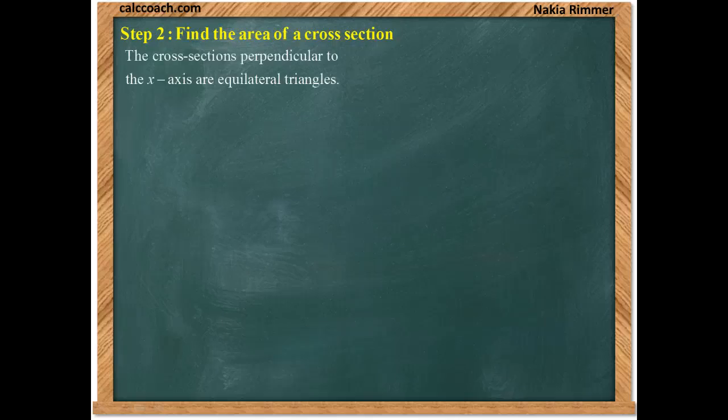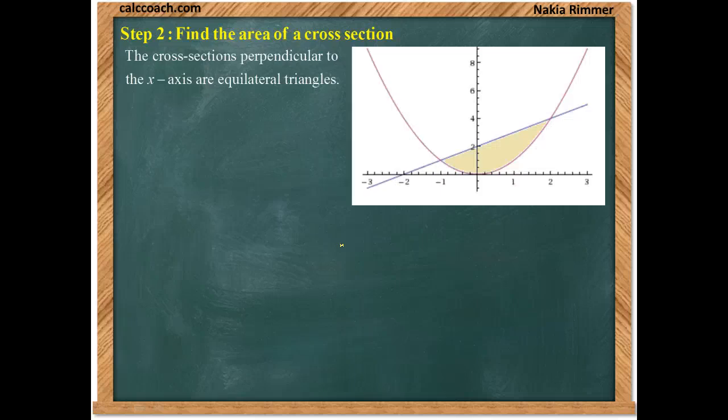So the cross-sections are perpendicular to the x-axis, and they are equilateral triangles. I'm going to have this distance from the line down to the parabola be the side length of an equilateral triangle. Shooting out of the screen will be an equilateral triangle with each side as long as the orange line here.